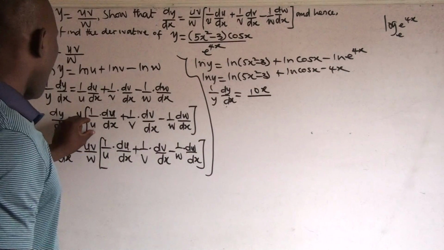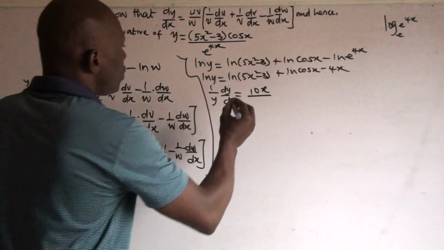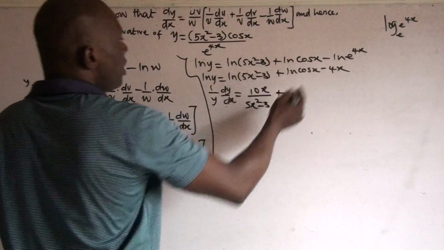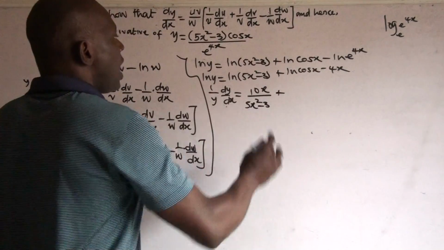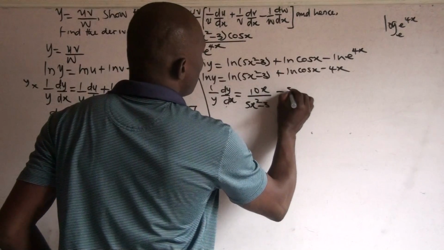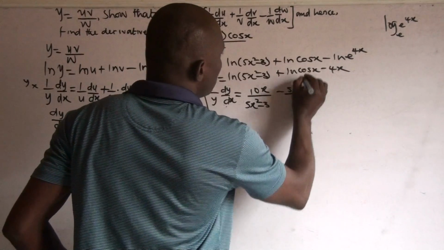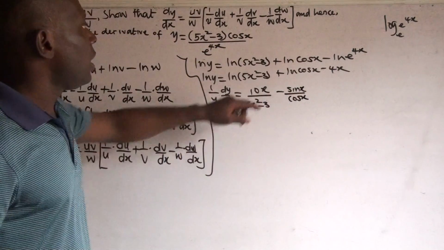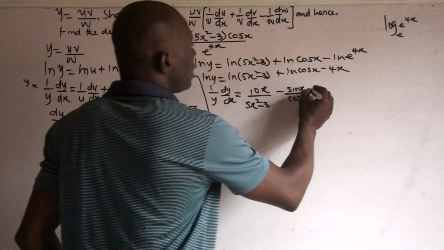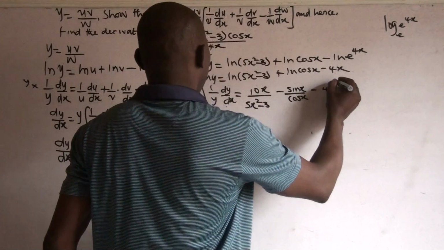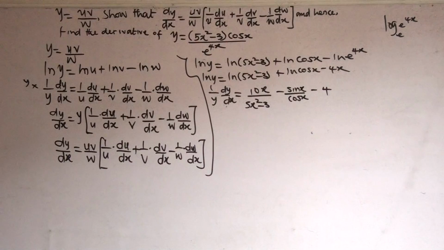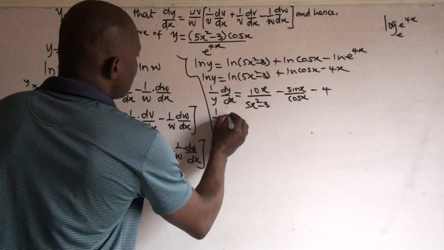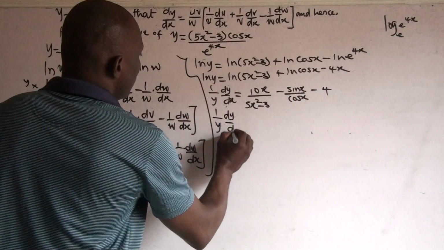Our u here is the quantity inside, so it becomes 5x squared minus 3, plus, if we find the derivative of cos x, it's going to give us minus sine x, then everything over the u there, which is cos x. Here, if we find the derivative of this, it just gives us minus 4.